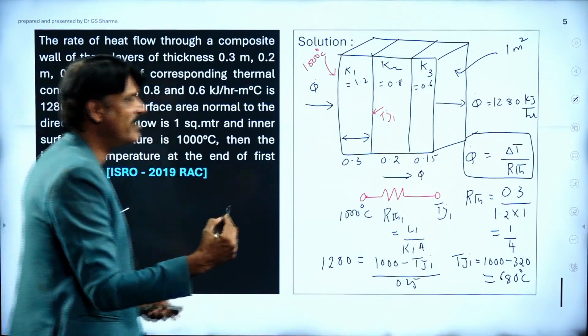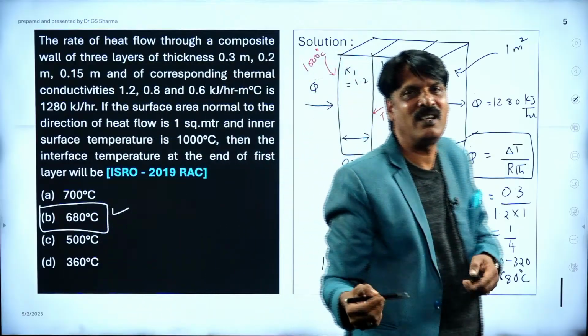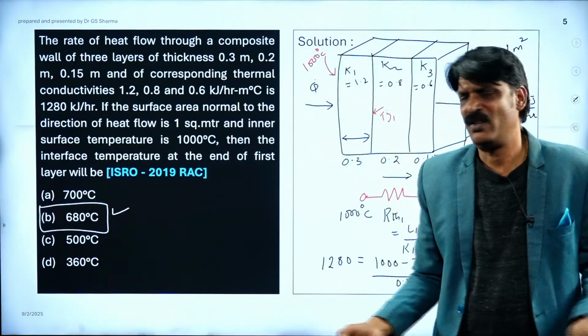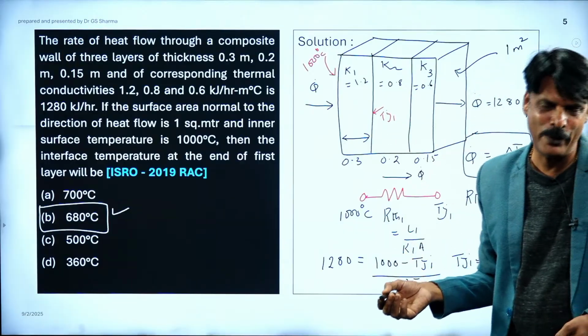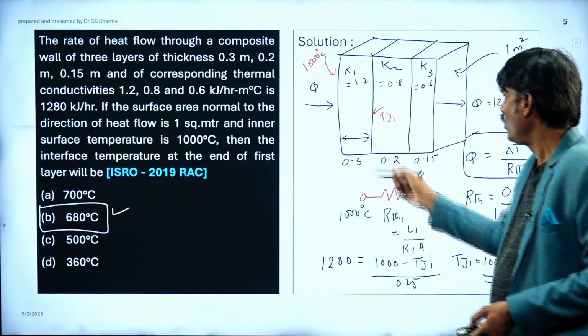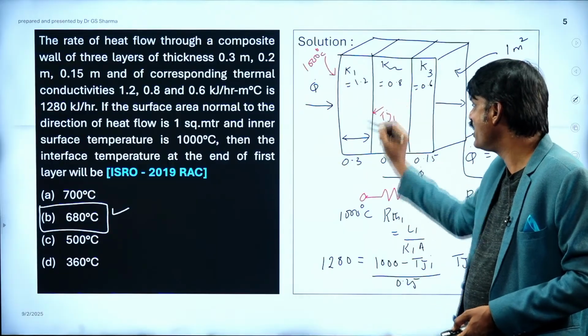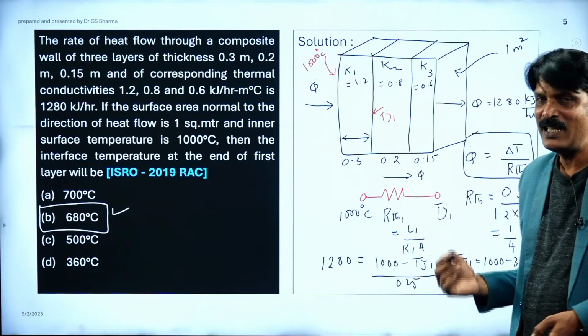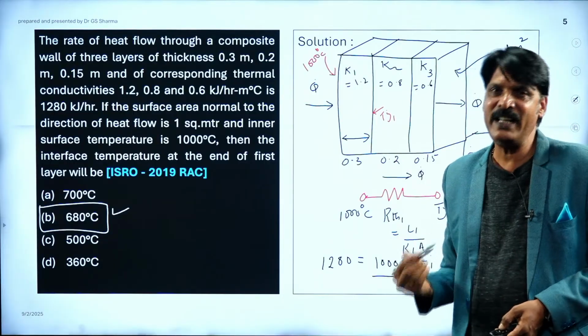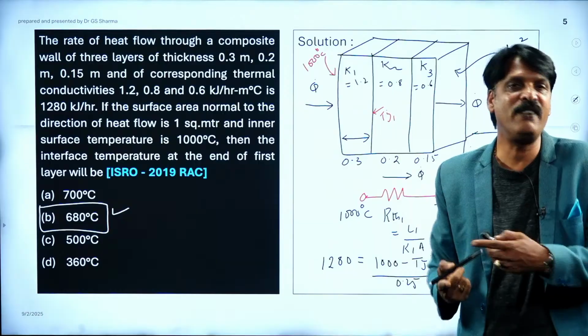You need not write 3 circuits and then calculate everything. No need, because as they are connected in series, the same amount of heat flows through them. So 1000 minus Tj1 divided by this particular resistance will give you the value. What I am observing is that we are fighting with time.